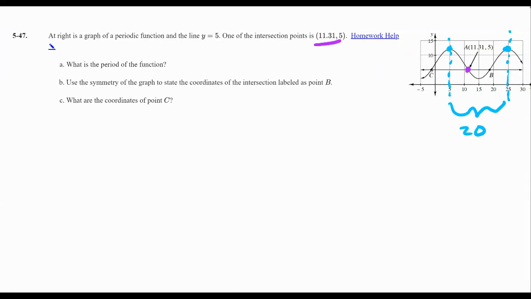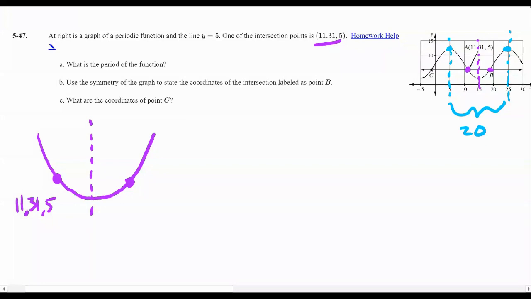The second part is to use symmetry of the graph to state the coordinates labeled as B. Let me redraw this. In this zoomed-in version of my problem, the x value is 11.31 and the y value is 5.